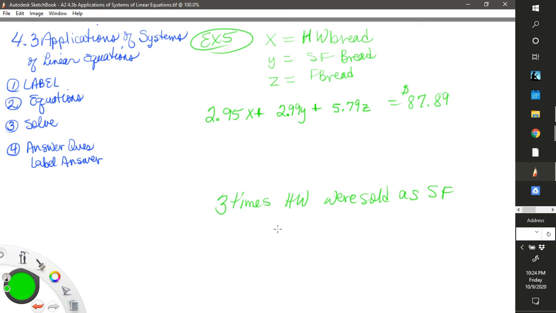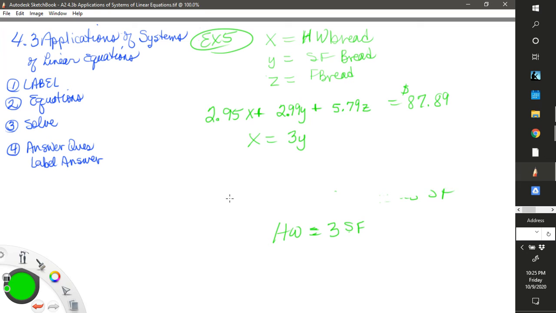All right, so the honey wheat was 3 times the sunflower. If I want them to be equal, I'm going to have to take the number of sunflower and multiply it by 3. Honey wheat has the variable X, and sunflower has the variable Y. So we have equation number 2 in the works.